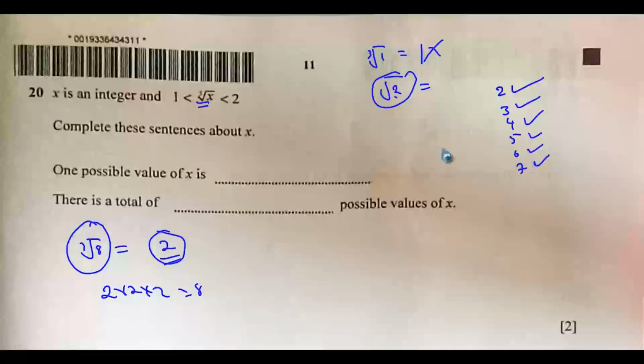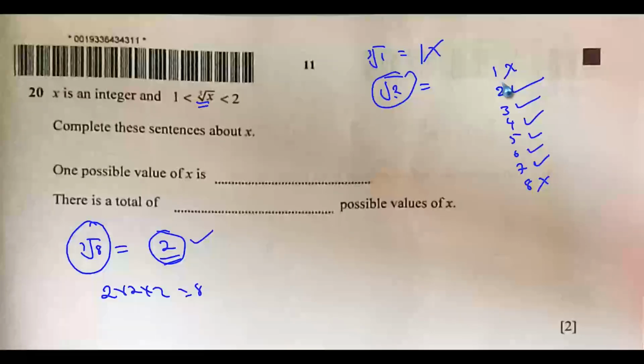But when x equals 8, cube root of 8 is 2. So 1 is less than 2, that is cube root of 8, but cube root of 8 is not less than 2 because cube root of 8 is equal to 2. So that means 8 will be invalid, just like when 1 is invalid.